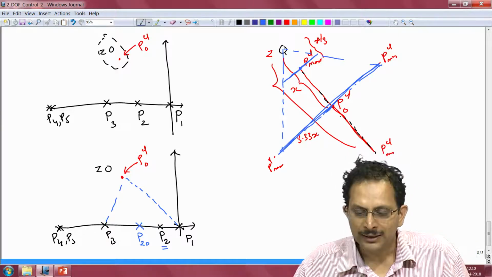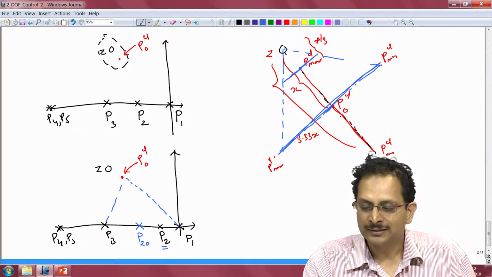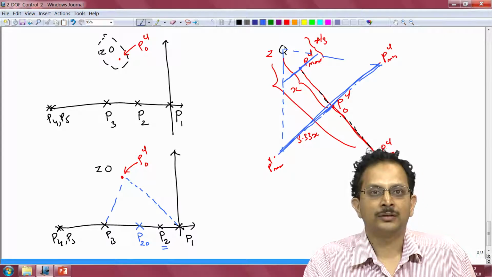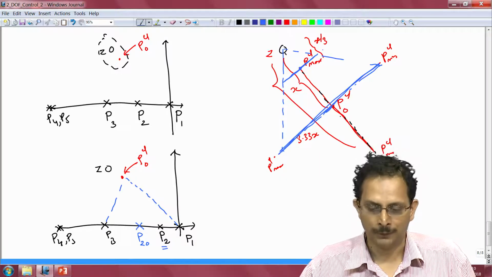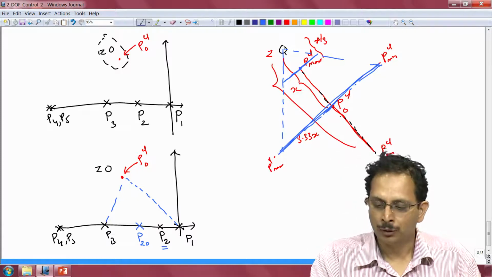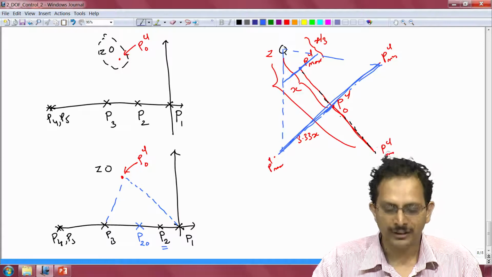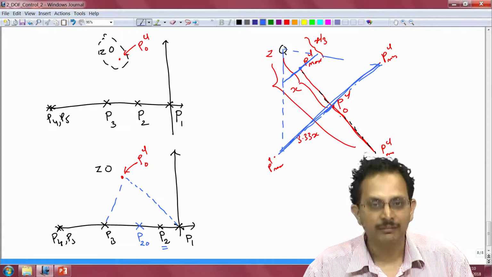Why is it parallel? It is parallel simply because we still need the extremities of the position of the closed loop pole when we have uncertainty associated with the plant's pole to form a triangle that is similar to the triangle that we have here, namely PCL naught, P1 and P3.